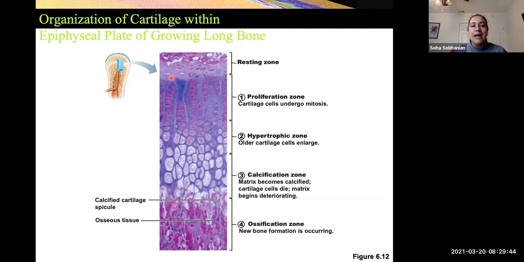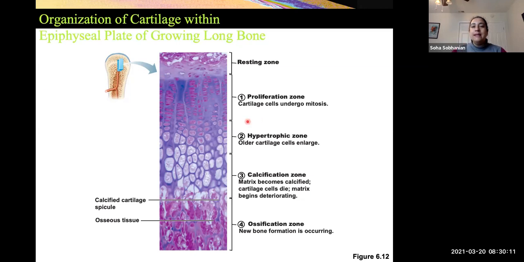Right underneath that, this type of cartilage tissue you see, which is number 1, is called the proliferation zone. The word proliferate means that they are dividing. So they're undergoing the process of mitosis, what we discussed in one of our labs, which basically means these cells are undergoing continuous division to make more and more of themselves.